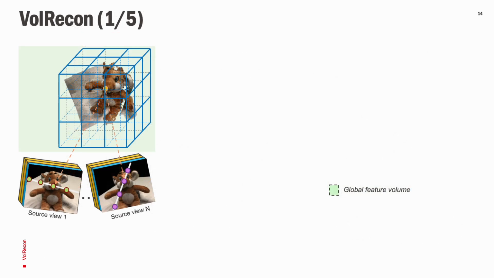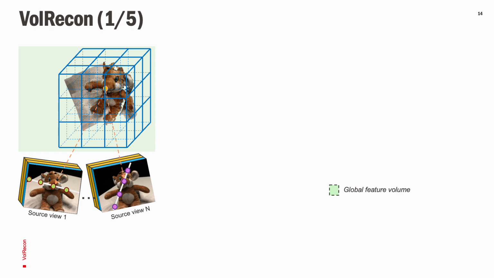In VolRecon, we first construct a global feature volume as global shape prior. Specifically, we first divide the bounding volume of the scene into voxels with resolution k to the power of 3. The center point of each voxel is projected onto the feature map of each source view to obtain the multi-view features.